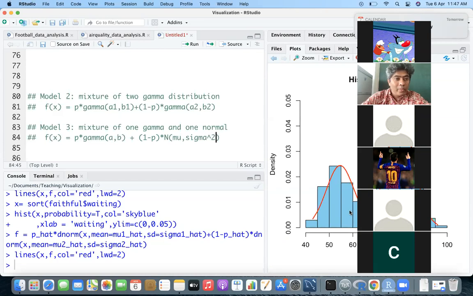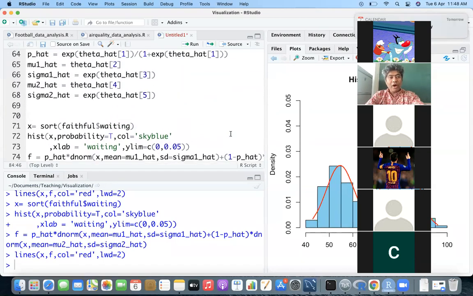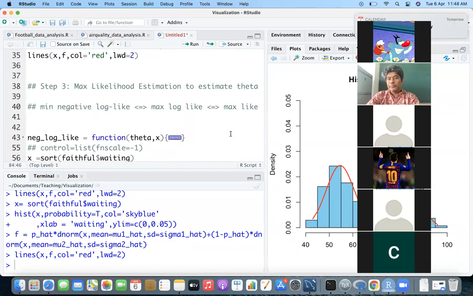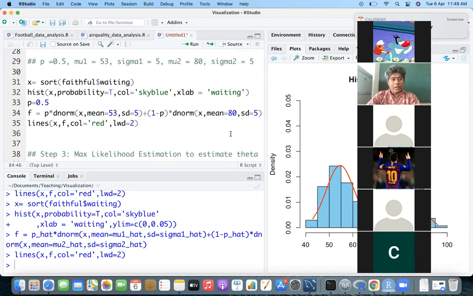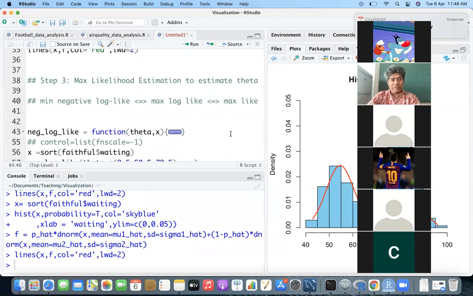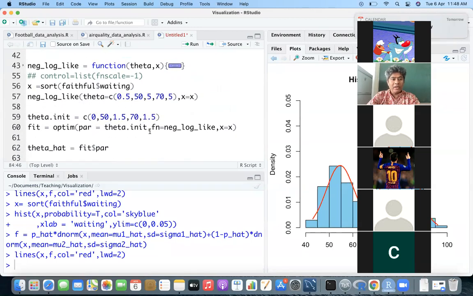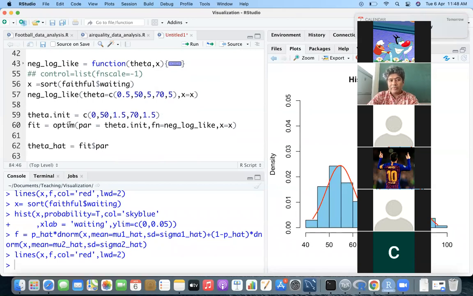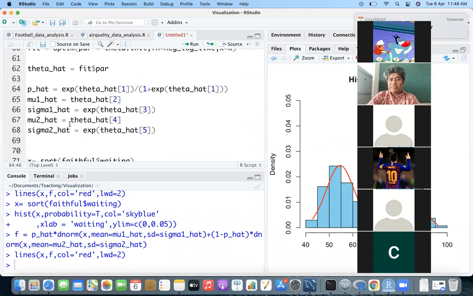Your assignment is effectively this. You now know how to fit a model. All you have to do is write down the negative log likelihood properly, give some reasonable initial values, and pass it through the optimization subroutine to get the parameter estimates.